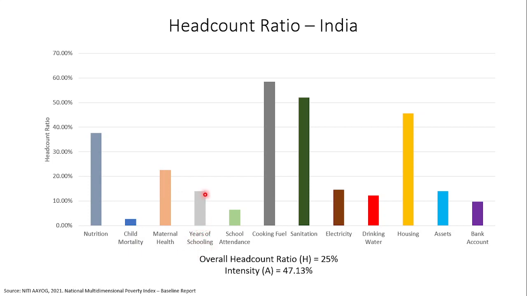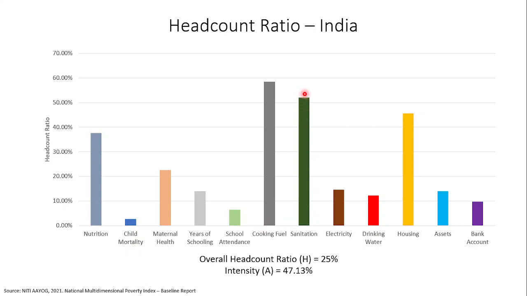Years of schooling, around 15%, I would say. School attendance, around 7%. Cooking fuel, close to 60% of people are poor here because, like we saw in the Energy Plus, most of the people are using firewood, and they have not switched over to LPG yet. Once they do that, this number will come down.